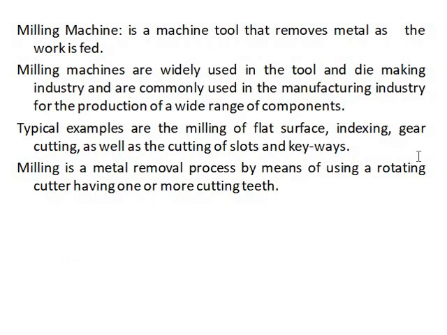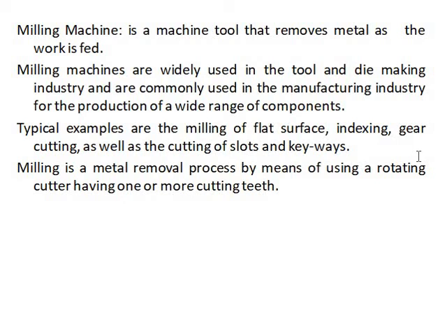First of all, we'll get to know what a milling machine is. A milling machine is a machine tool that removes metal as the work is fed. Milling machines are widely used in the tool and die making industries and are commonly used in manufacturing industries for production of a wide range of components.